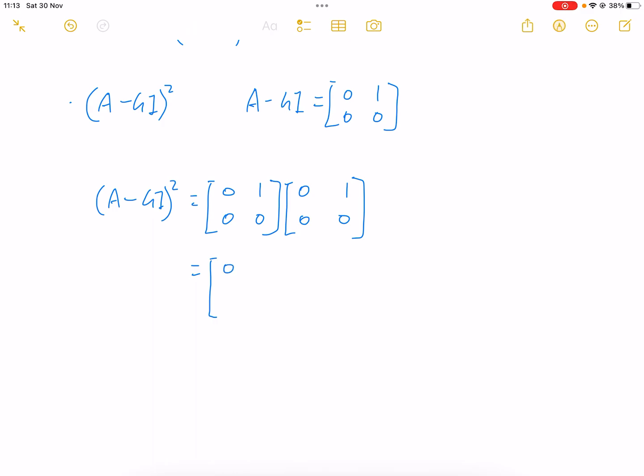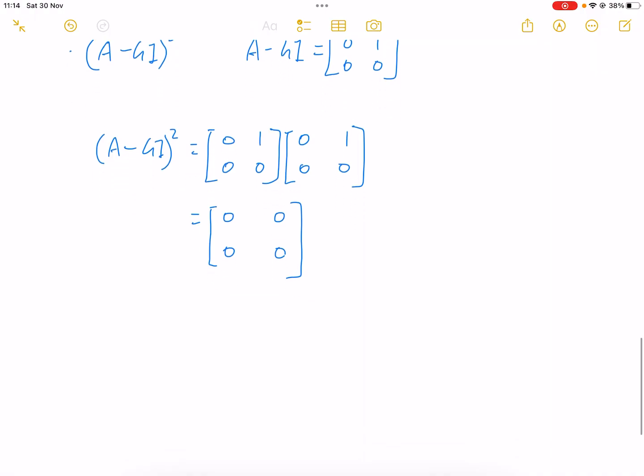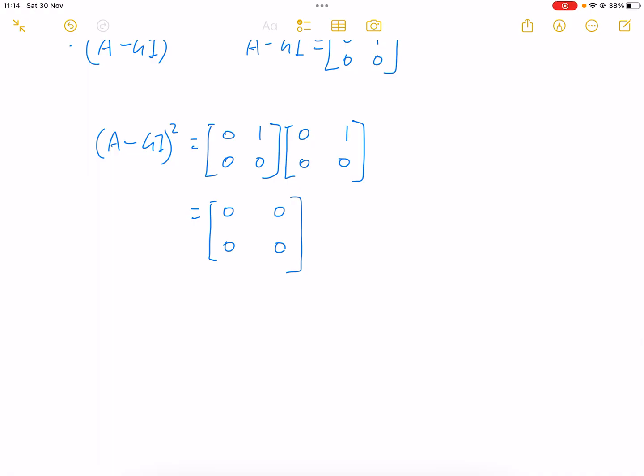First row, second column, we have 0. Second row, first column, we have 0. And second row, second column, we have 0, and we get a matrix of zeros.